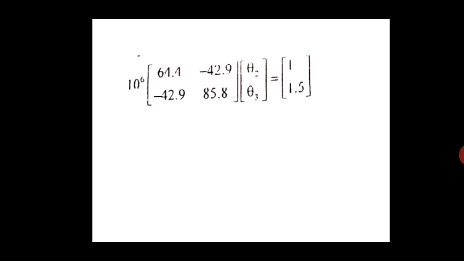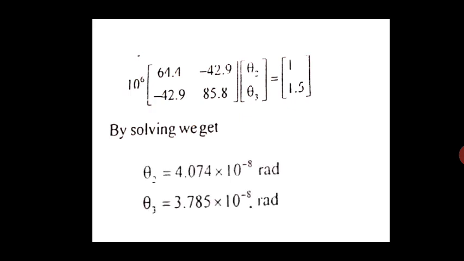Since there are two unknown displacements, by solving these two equations we can determine the unknown angular displacements: theta 2 is equal to 4.074 into 10 raised to minus 8 radians, and at node 3 the angular displacement is equal to 3.785 into 10 raised to minus 8 radians.